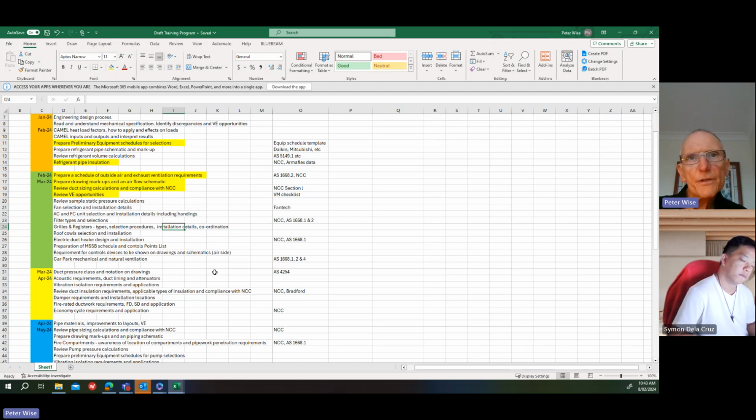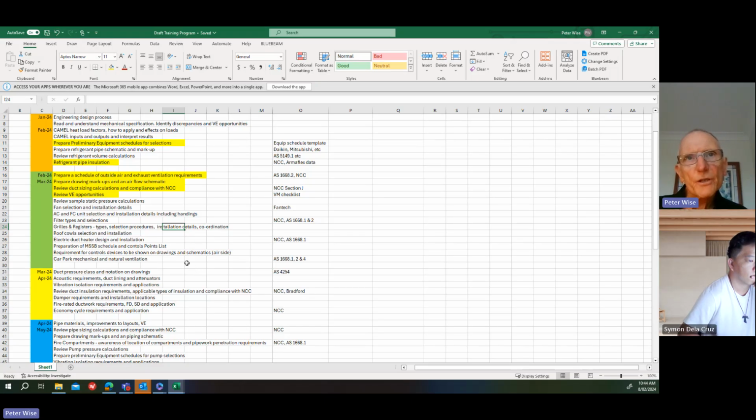You'll see in the NCC that some systems are exempt from that pressure requirement, the 1 Pascal per metre. Kitchen exhaust is one of them. So you don't have to comply with the NCC for kitchen exhaust, and for smoke exhaust and things like that, emergency systems.